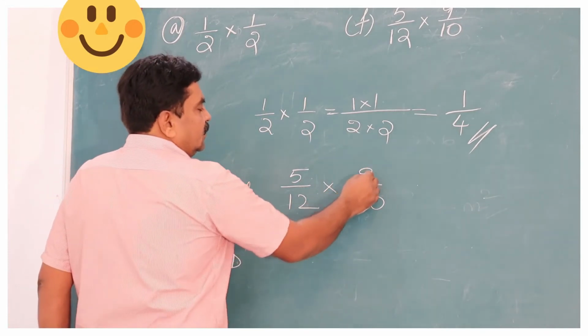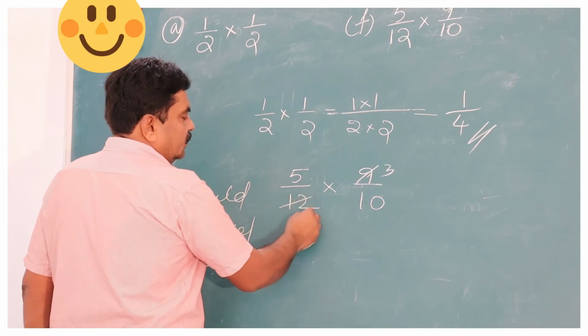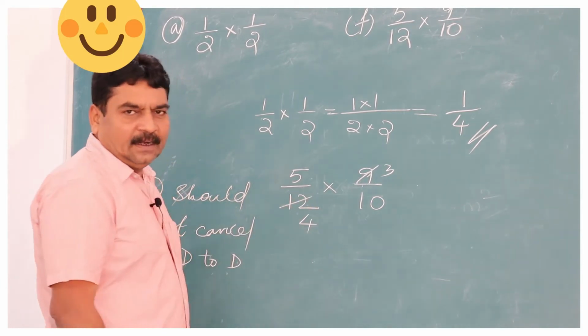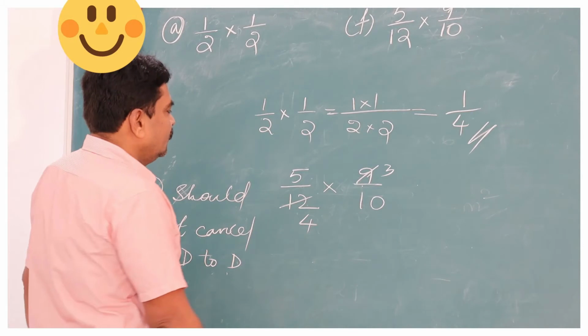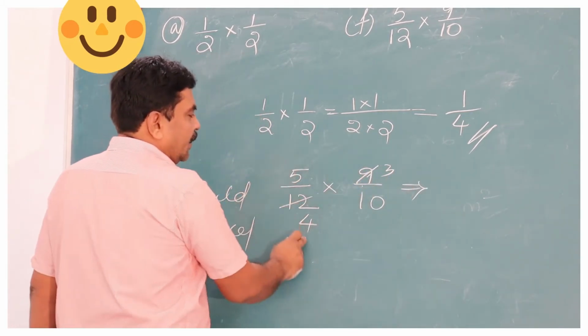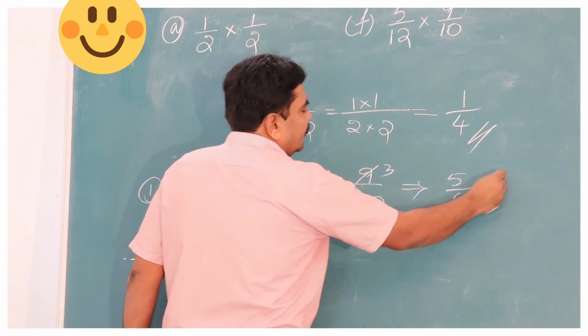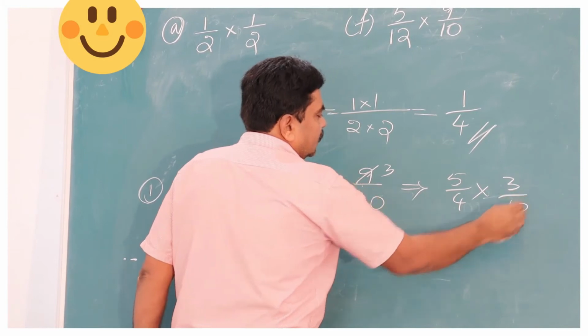So 3 3s are 9, 3 4s are 12. Now I have cancelled it. Our new fractions are 5 by 4 into 3 by 10.